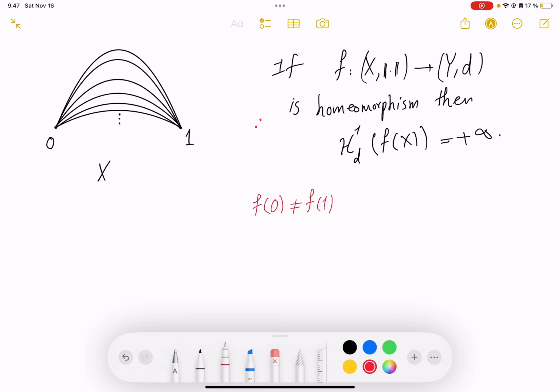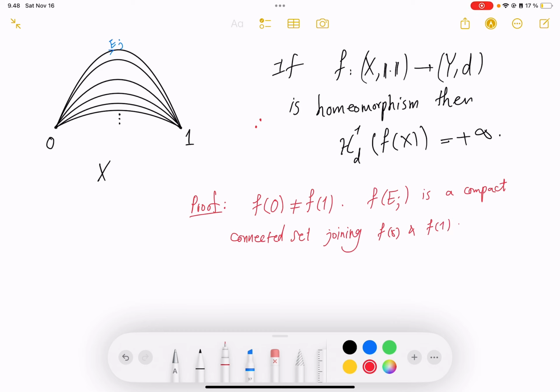Now, if you take one of these paths, one of these segments, say E_j, then here's a proof. f of E_j is a compact connected set because it's the image of a compact connected set, joining f of 0 and f of 1.